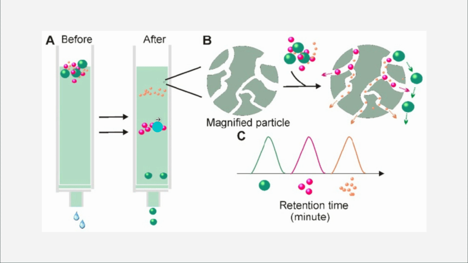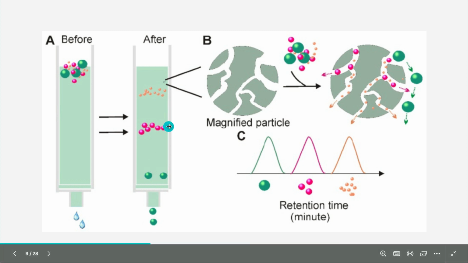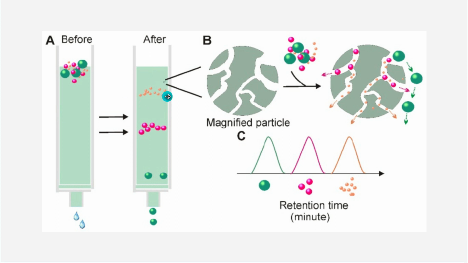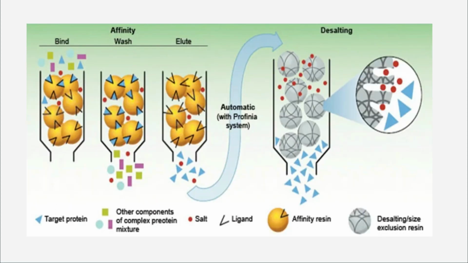The smaller particles tend to separate last, whereas the medium particles and the particles of larger size get separated faster, and based on the retention time you can record the separation. Here you can see the bigger particles eluting first, followed by the medium size particles, then the smaller size particles.